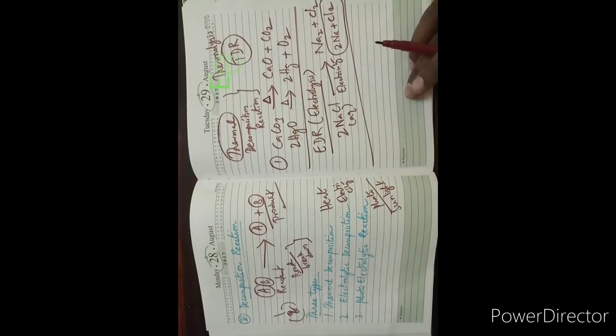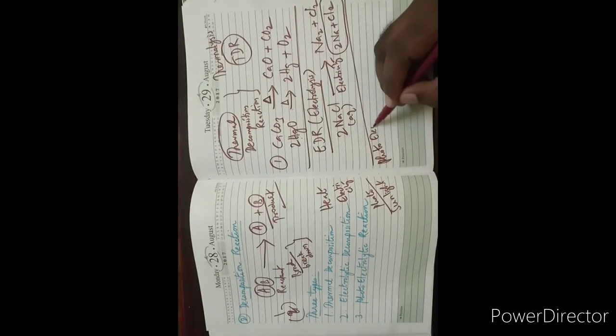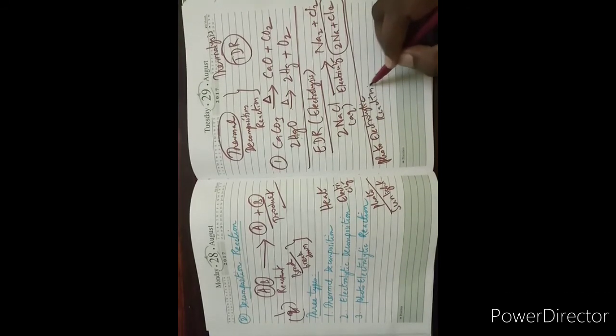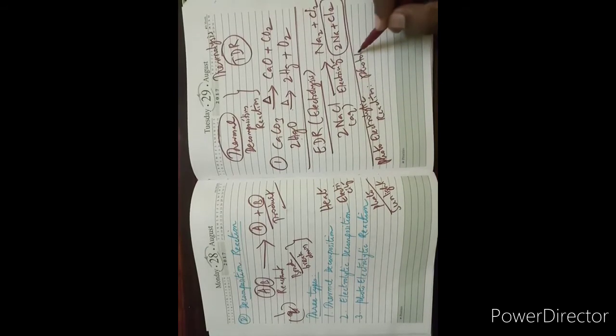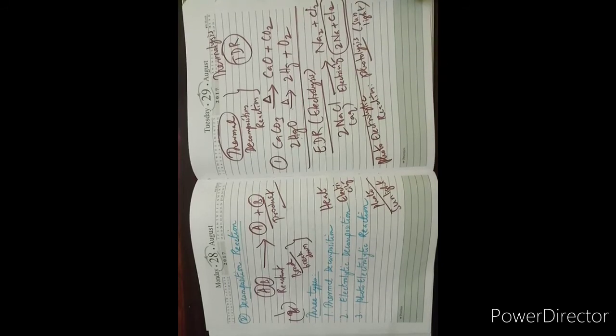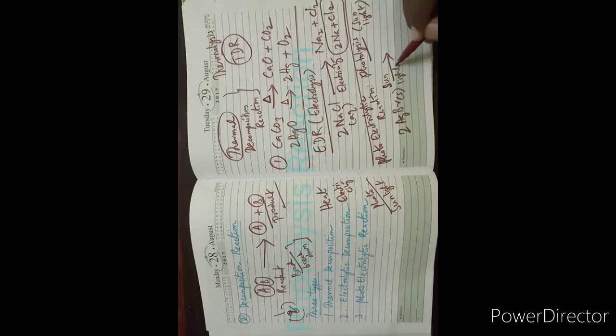Last one more reaction, that is called photolytic reaction, or we can say photolysis. Photo means sunlight. So there is an example for that, 2 moles of silver bromide, when it is in solid state, on application of sunlight, what will happen?